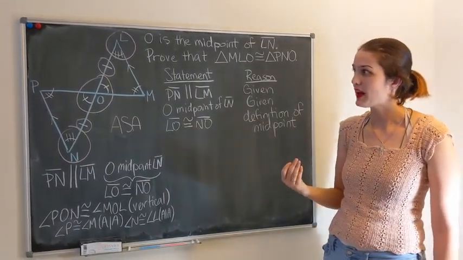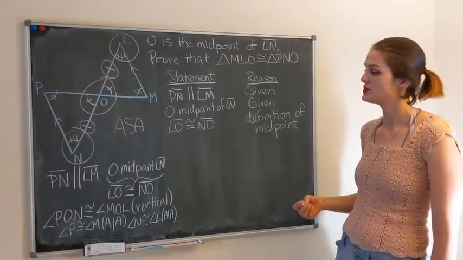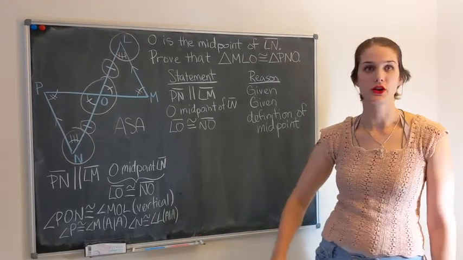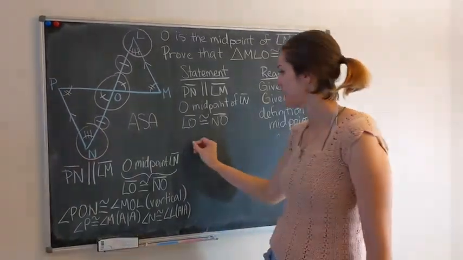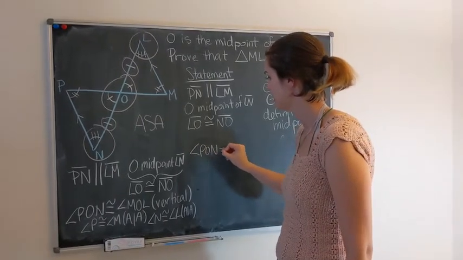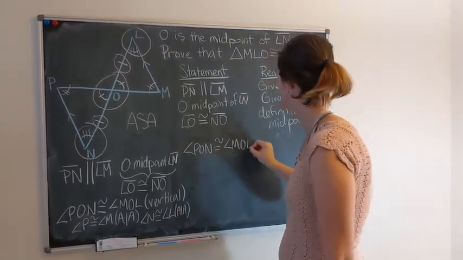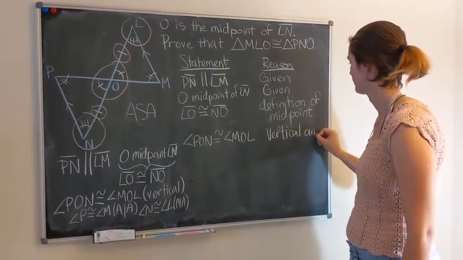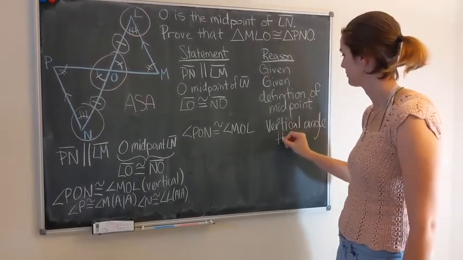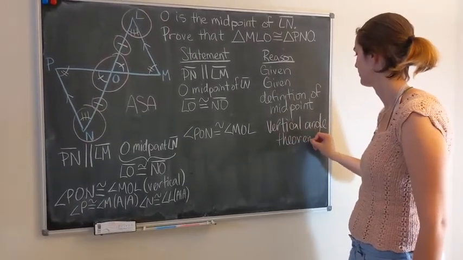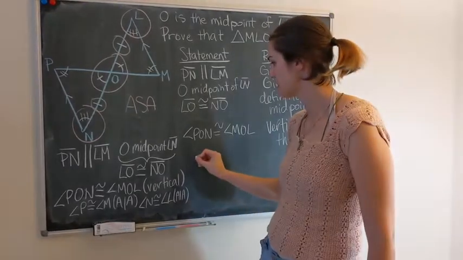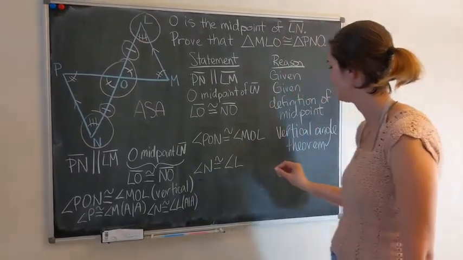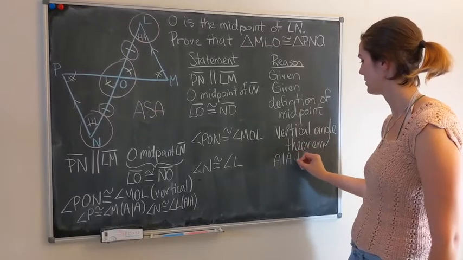And the next thing I did was find two pairs of congruent angles using first the vertical angle theorem and the alternate interior angle theorem. So we found that angle PON is congruent to angle MOL by the vertical angle theorem. And we saw that angle N was congruent to angle L by the alternate interior angle theorem.